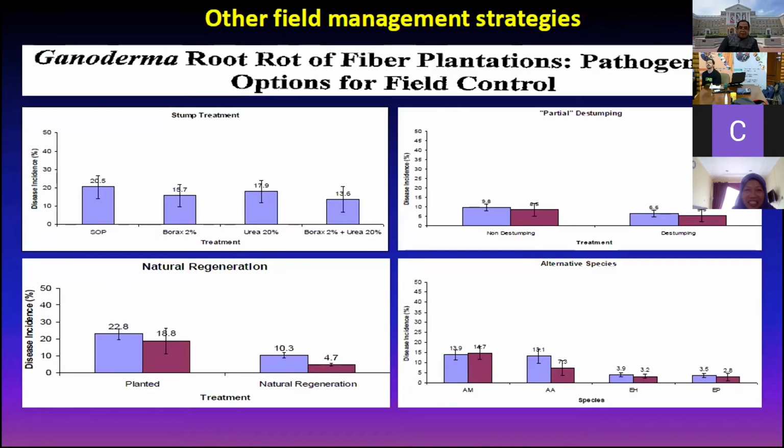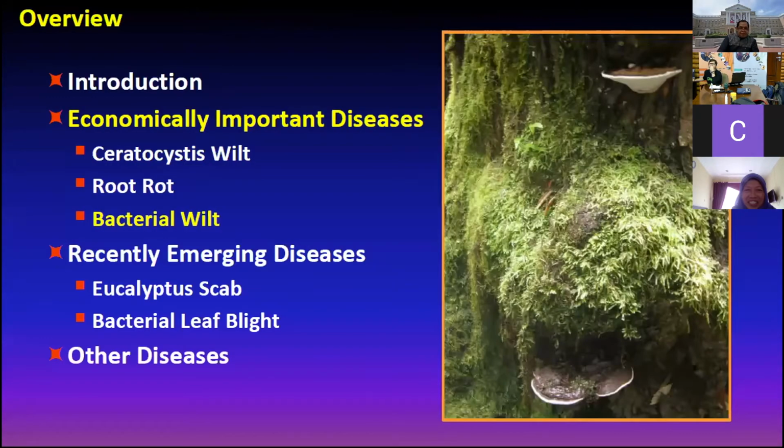Some other strategies for field management of the disease include stump treatment, natural regeneration, stumping, and alternative species. That was for Ganoderma. The next one is bacterial wilt.